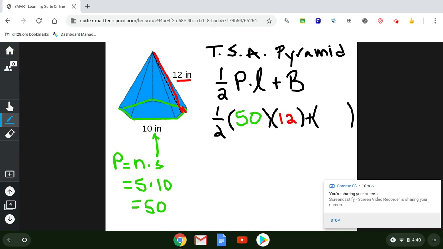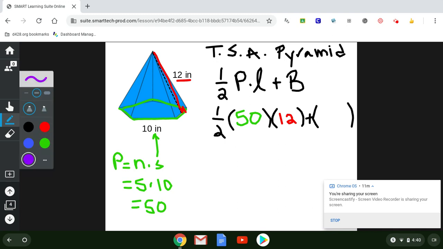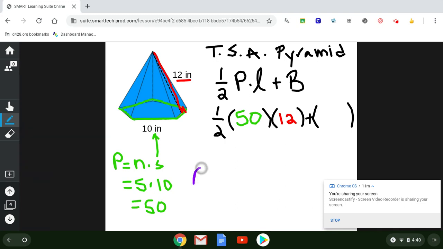And now I need to find the area of my base. This is where a lot of steps are going to come in. So I take a look at the shape of my base. The shape, again, is a pentagon. So I have to use the area of a polygon formula, which, remember, was 1/2 the perimeter times the apothem.